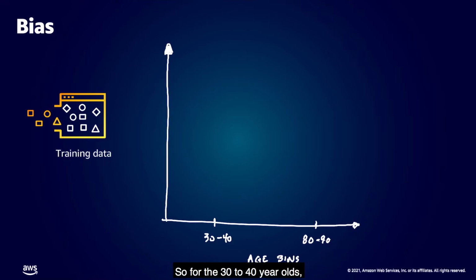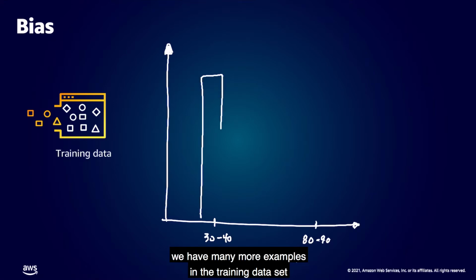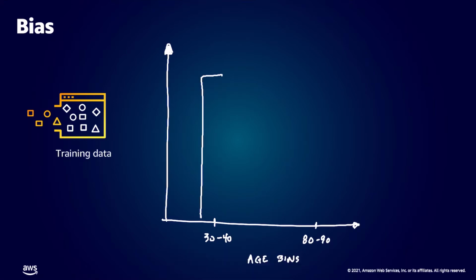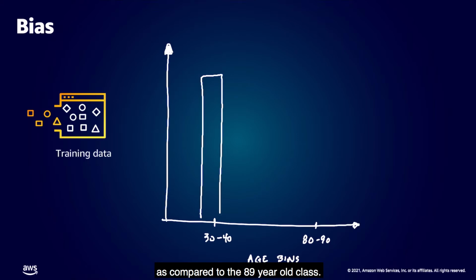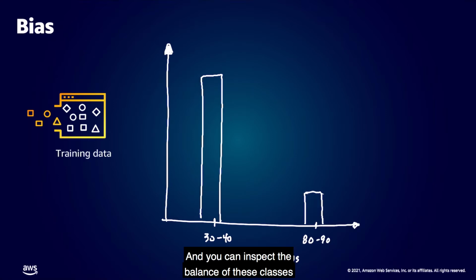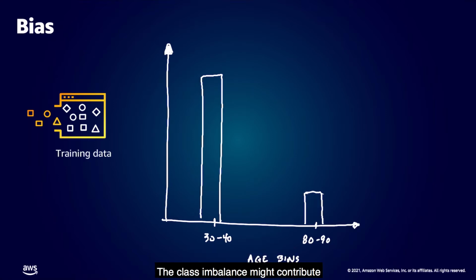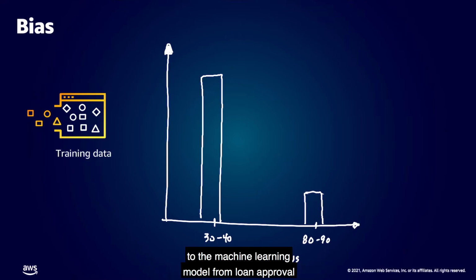For the 30 to 40-year-olds, we have many more examples in the training data set as compared to the 80 to 90-year-old class. And you can inspect the balance of these classes by using this simple bar chart. The class imbalance might contribute to the machine learning model for loan approval becoming biased against an underrepresented class.